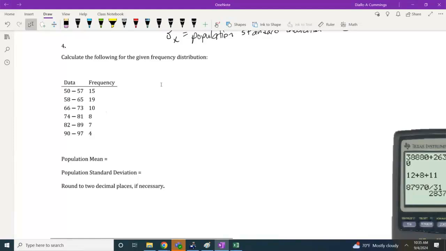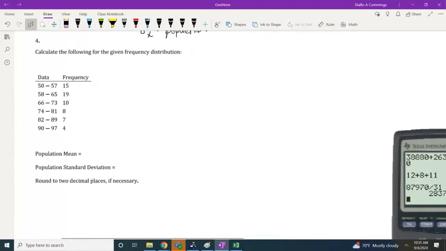All right, so we're going to calculate the mean and the standard deviation from this frequency distribution. The first thing we have to do is find the midpoint.